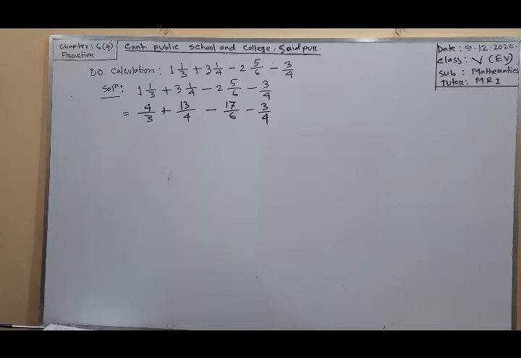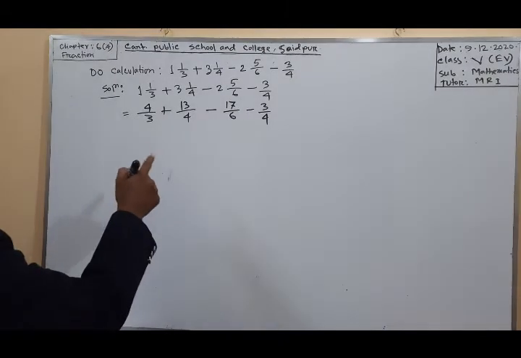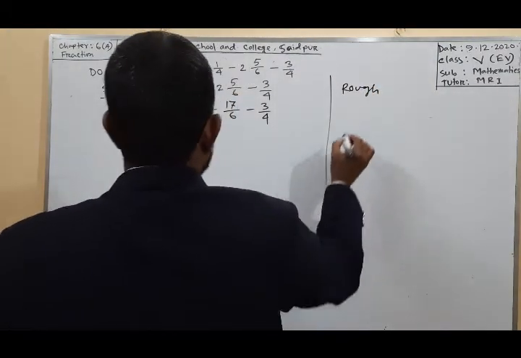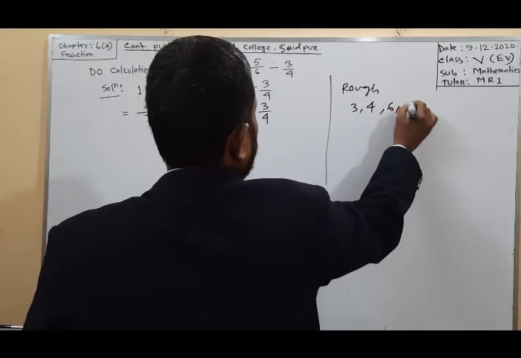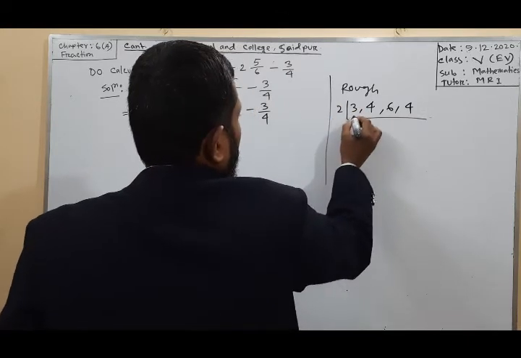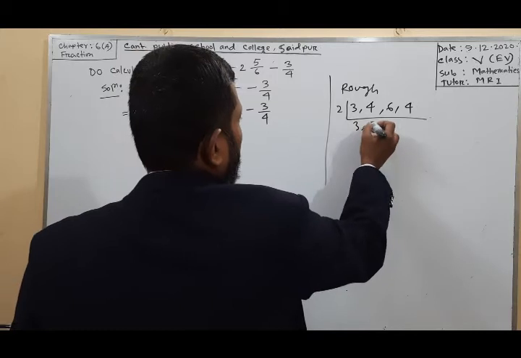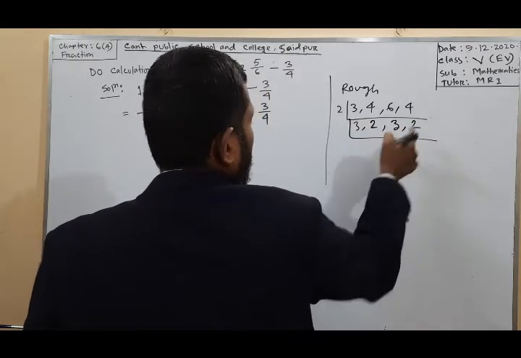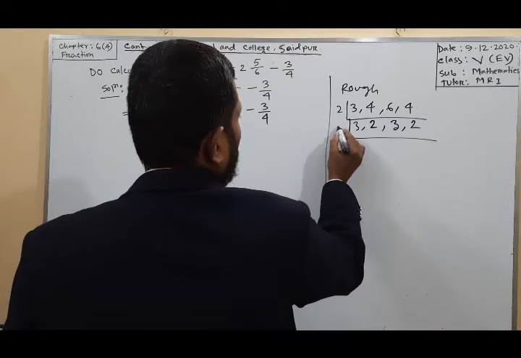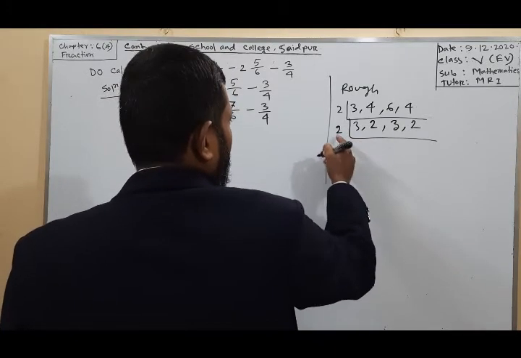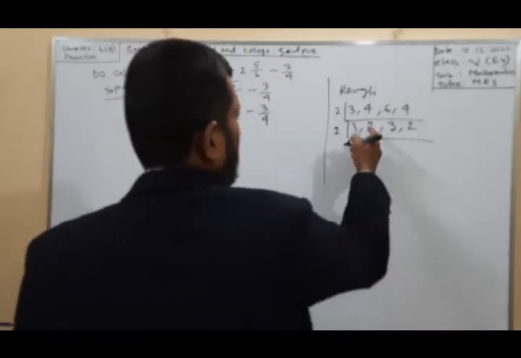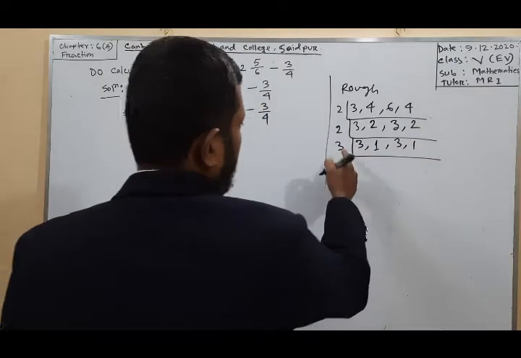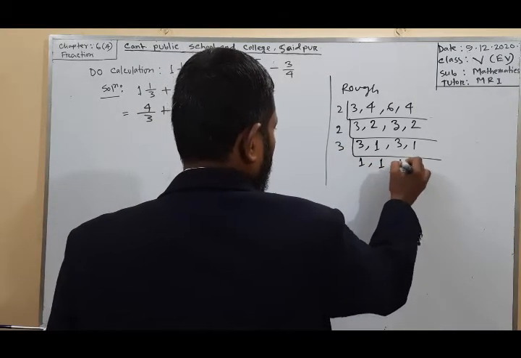So we need the LCM of 3, 4, 6 and 4. Writing here 3, 4, 6, 4. 4 and 6 are divisible by 2, so 2 twice. 3 is not divisible by 2, so I am writing 3. 3 is divisible by 3, and we get 1, 1, 1 and 1.